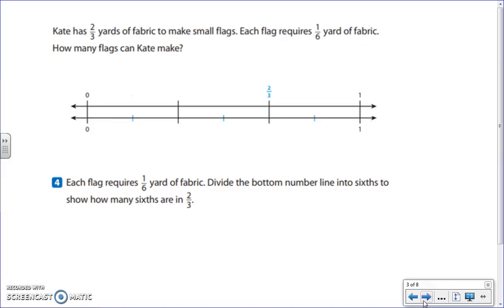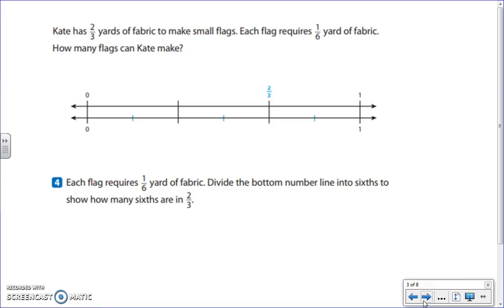It then says that each flag requires 1/6 yard of fabric. Divide the bottom number line into sixths to show how many sixths are in 2/3. Again, we're looking at the same exact numbers on the top and bottom. This is why the double number line is important, because on the top and the bottom we're talking about distances, so we can tell the distance exactly.